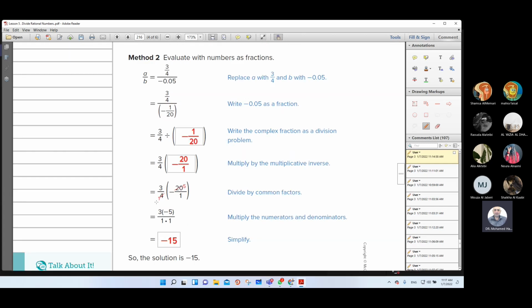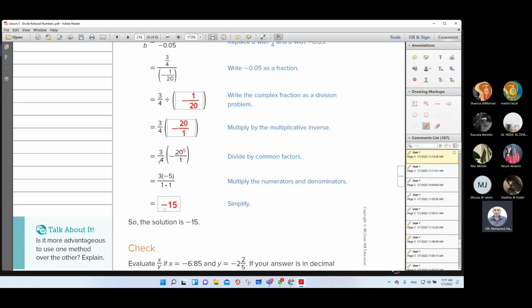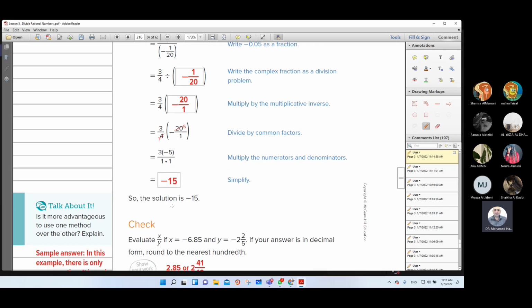Then you can do simplest form: divide 20 by 4 will be 5, divide 4 by 4 will be 1. Then you can do multiply, 3 times negative 5 up, and 1 times 1 down. 3 times negative 5 means negative 15, over 1 means negative 15.